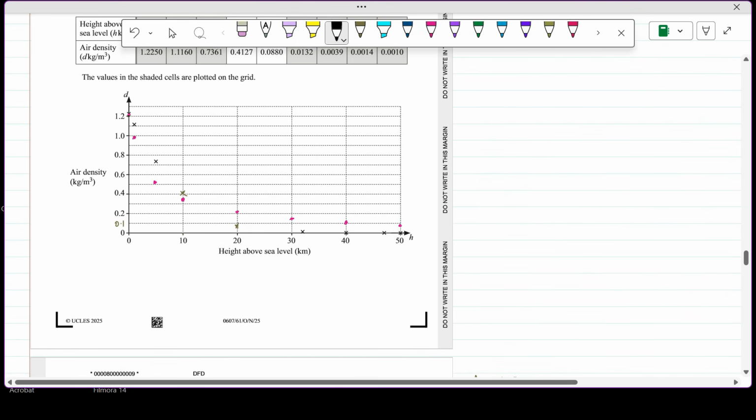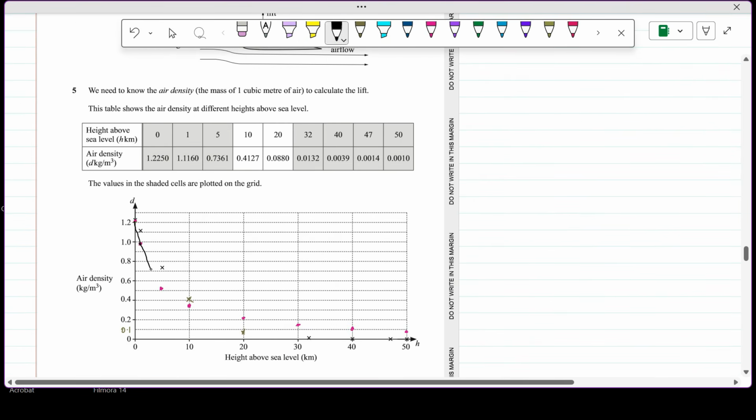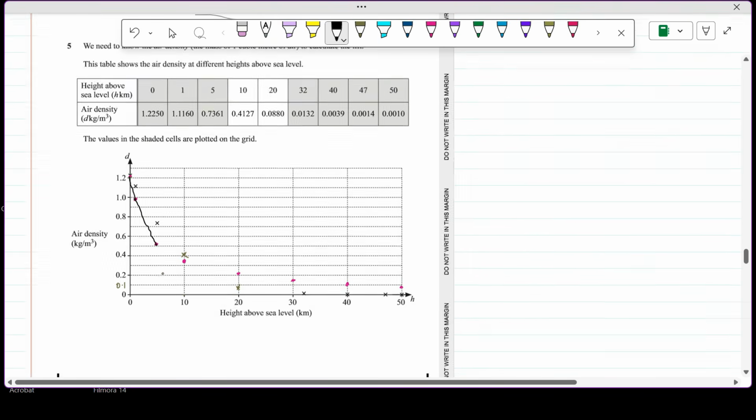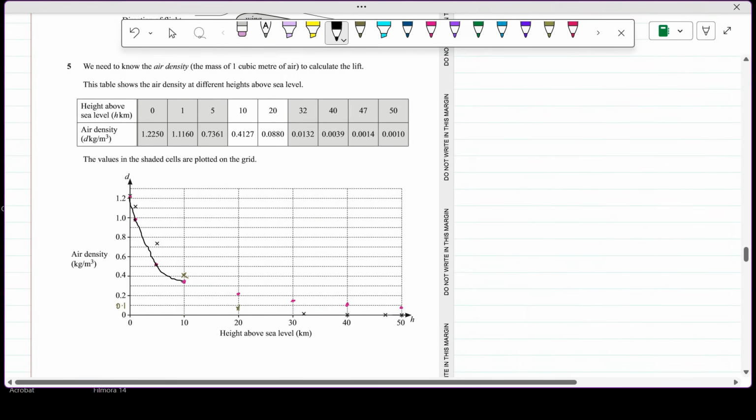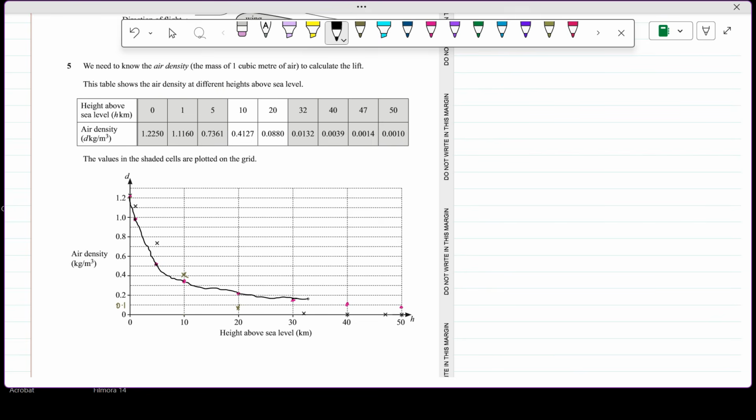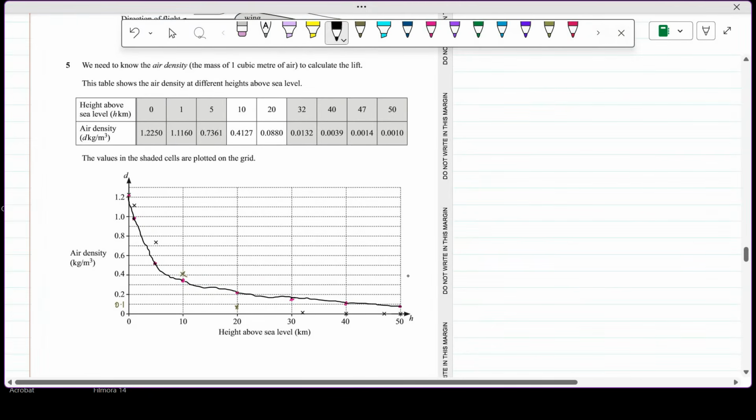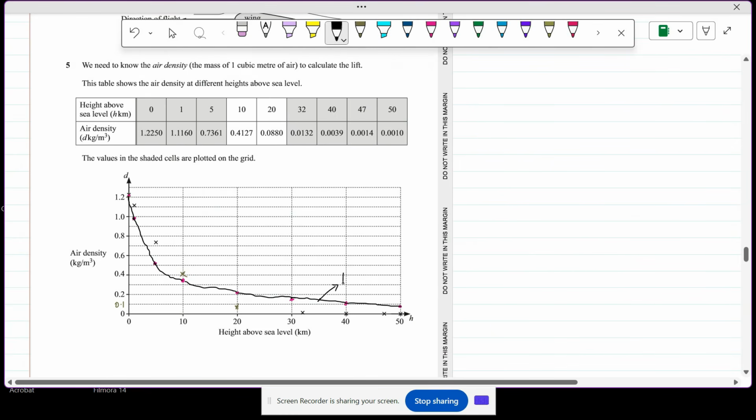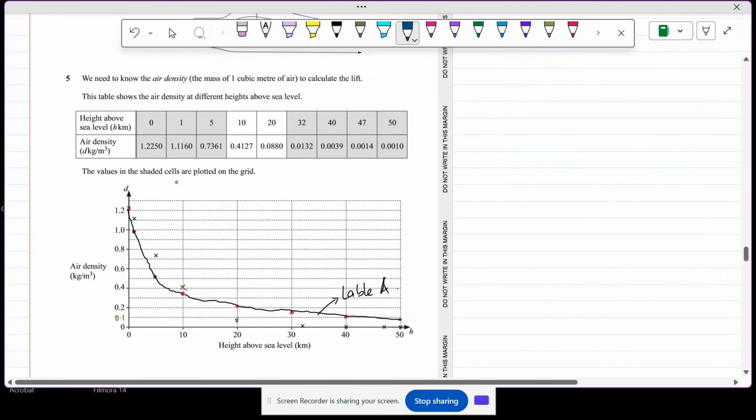When we join these points, we have A. Let's plot the previous model which was given.